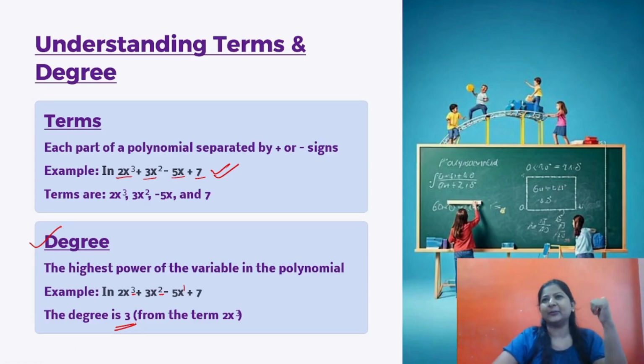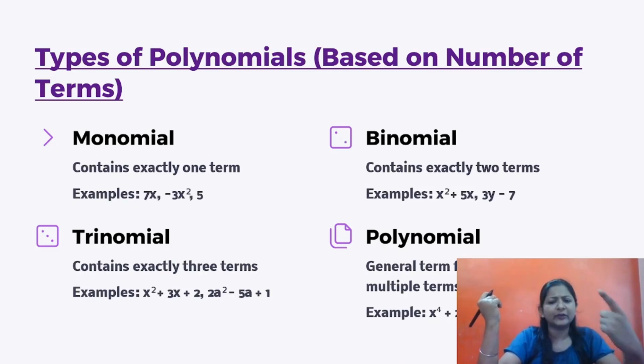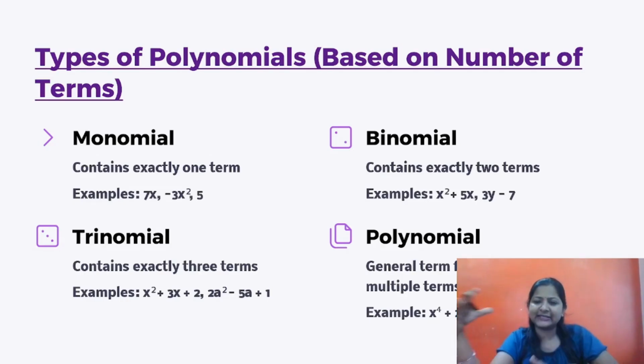So we have discussed polynomials, seen a few examples, checked conditions, and discussed terms and degree. Now let's come to the next topic, types of polynomial. We know a polynomial can have multiple terms. If we have only one term, or two terms, various names are given for such polynomials.